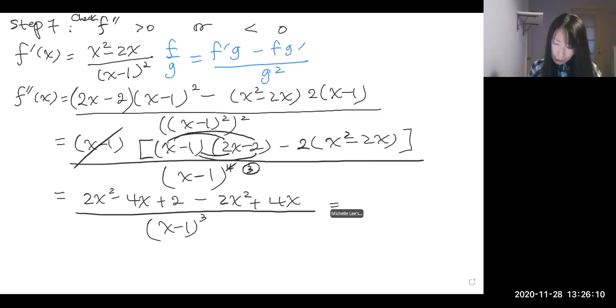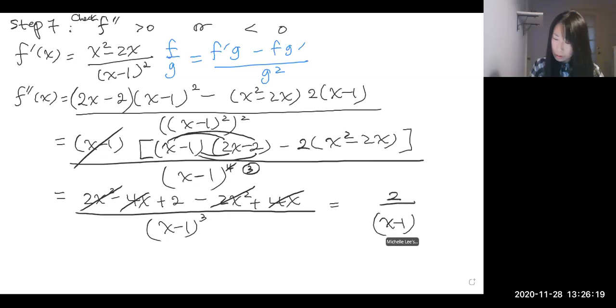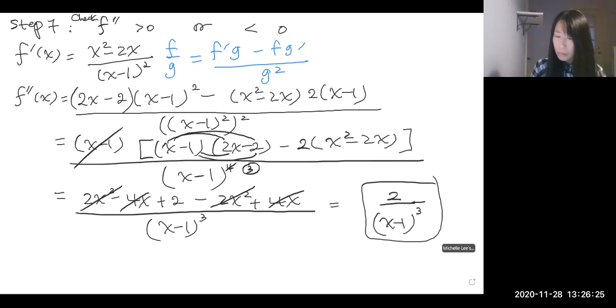Can you simplify? It's 2 over x minus 1 cubed, right? So this is the second prime. Okay, let me erase.